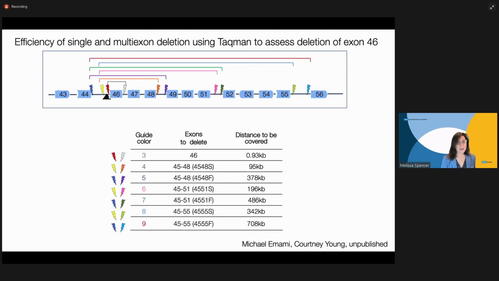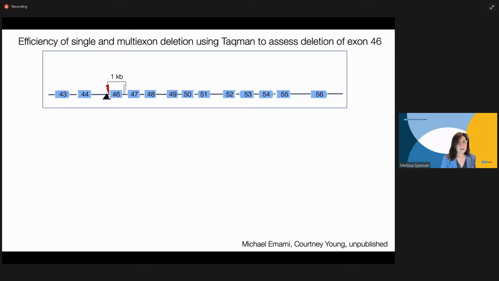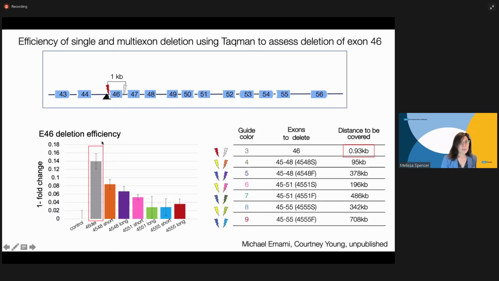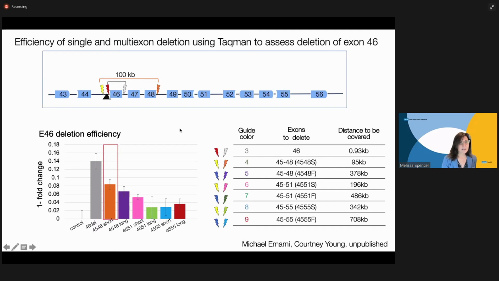And what we found is that if we just delete one single exon, which is about 1 kb in this case, so this triangle here represents our deleted exon 45 that we created in our mouse, we see decent efficiency. But as we increase the size, so here we're going from 1 kb to 100 kb, and that's this bar here, we drop the efficiency by about half.